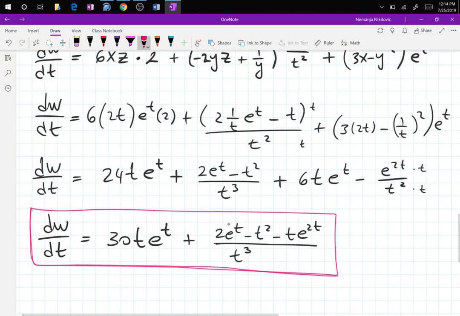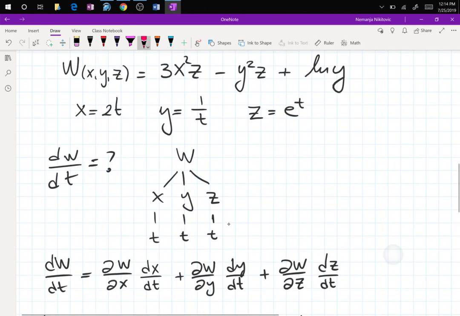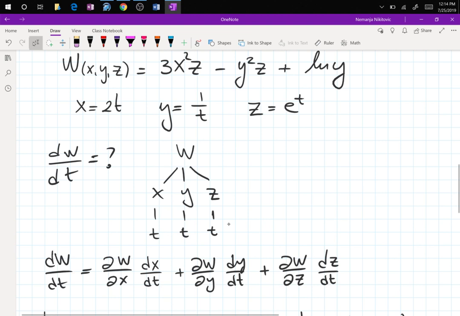Wow. Cool, huh? It's just a lot of algebra. Let's go back to the problem. This is all it counts here because it's a chain rule section. You have a function w in terms of x, y, z, and then each one of those is driven by a parameter t, let's say time. And w stands for, I don't know, work.